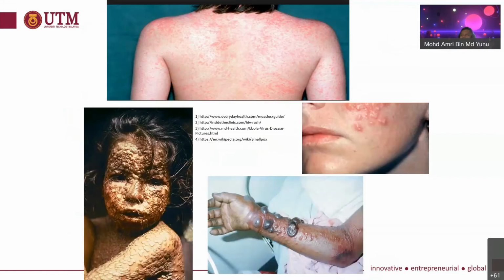Like in this picture, as you can see, they are measles, but there is a vaccine for measles. That's why, in Malaysia, children get a series of vaccines to fight measles.